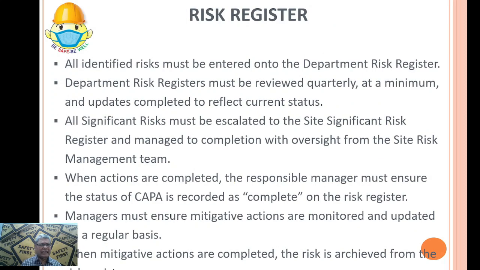Now risk register, already we talked something about risk register, that all identified risks must be entered into the departmental risk register. So department risk register must be reviewed quarterly at a minimum and updates completed to reflect current status. Means tracking, that how many are complete, how many are completed before time, how many are pending.